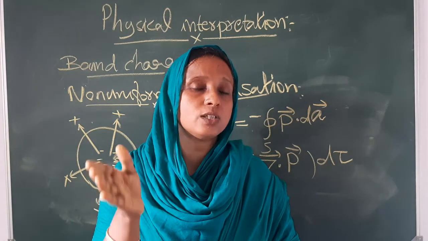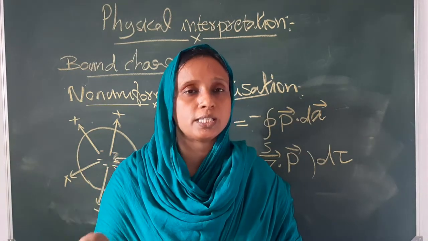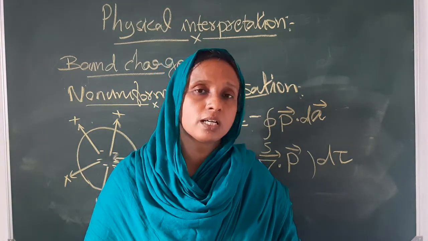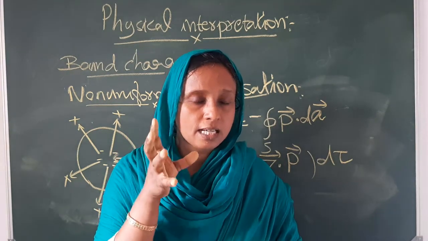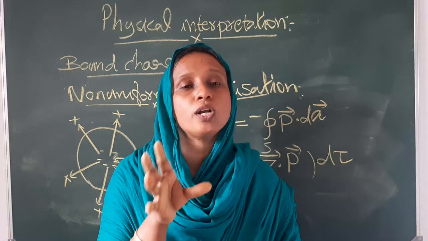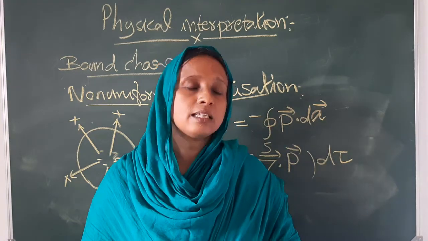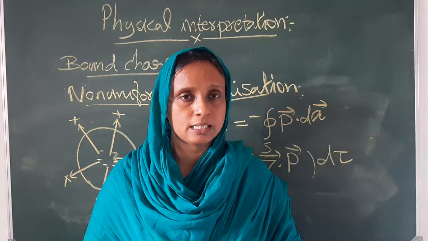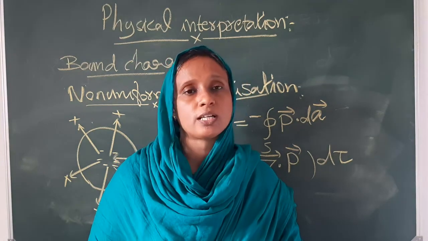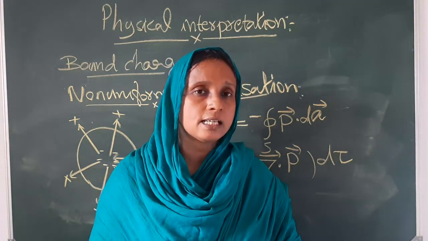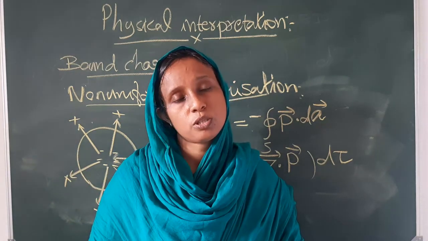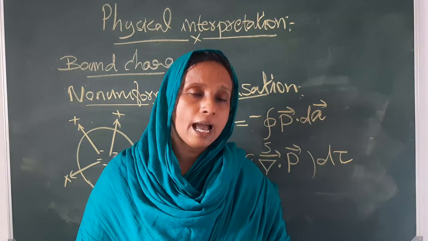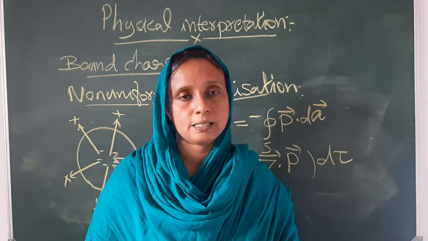They can reside only on the surface or inside the material, depending on the context. If the material is uniformly polarized, the bound charge resides only on the surface, giving the surface charge density. If it is non-uniformly polarized, the bound charge resides both on the surface and inside the material, so there is both the surface charge density and the volume charge density.